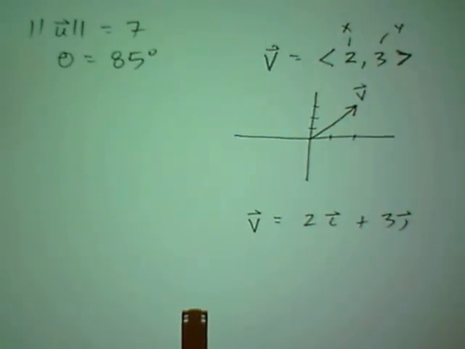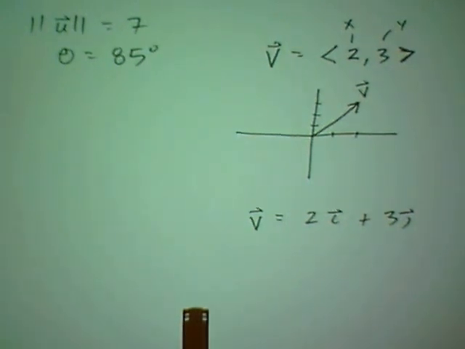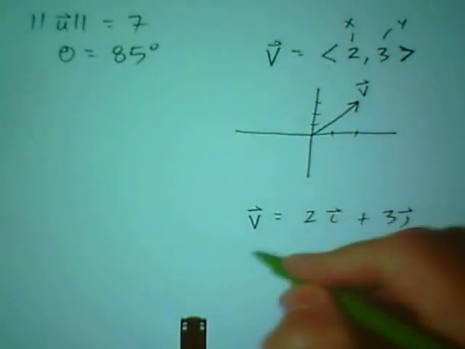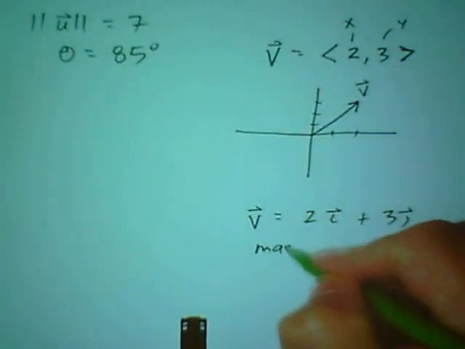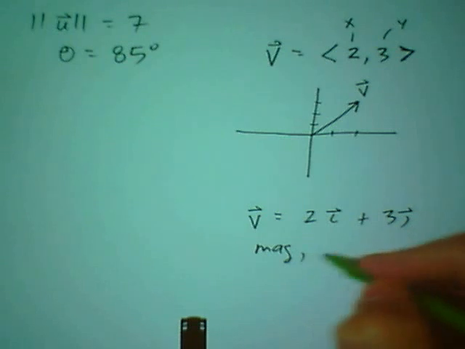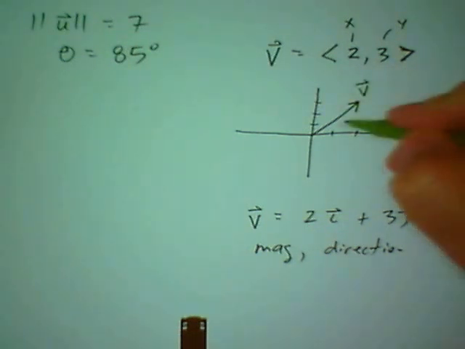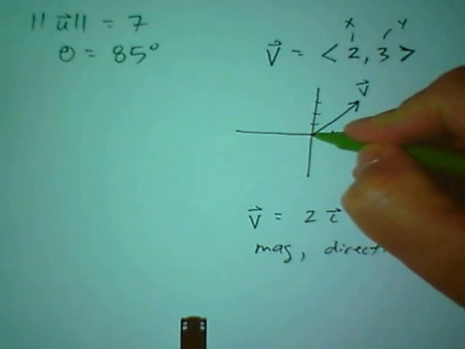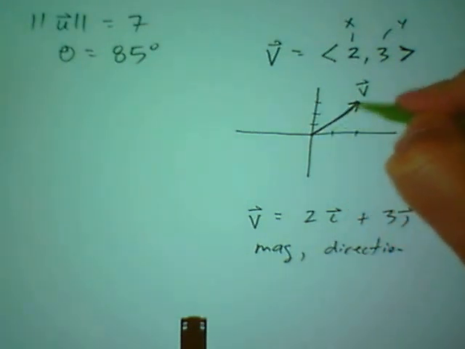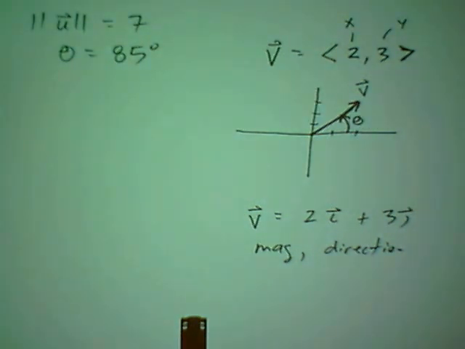Now there's a third way, and it doesn't look like these first two methods at all. That's where they define the magnitude of the vector and then the direction. So another way to define this vector is the magnitude, or the length of the vector, and then the angle of the vector.